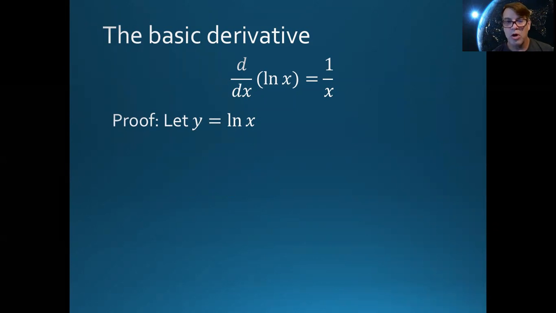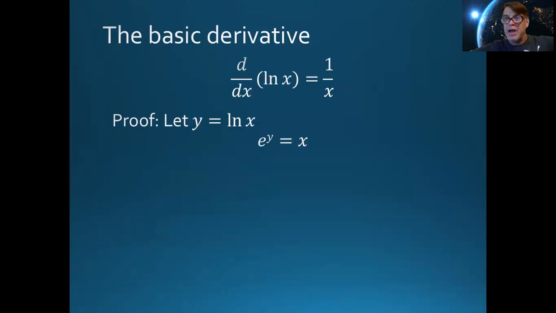So let's call y equals the natural logarithm of x. If that's true, then e to the y equals x, because from previous videos I've done in this section, e and the natural logarithm are kind of like that string trick where you put your hand in and poof, your hand's outside of the string.